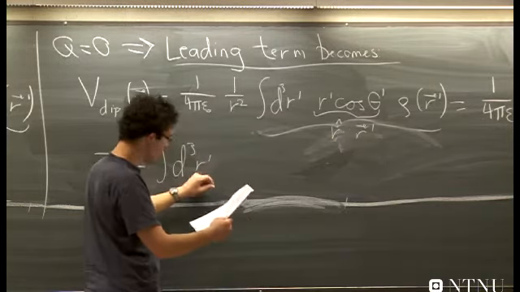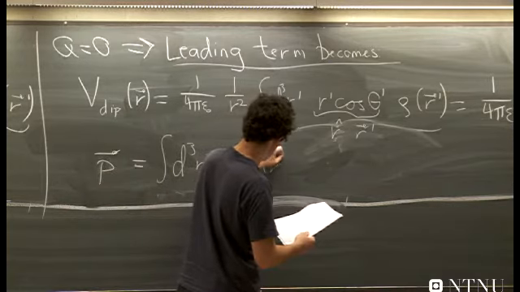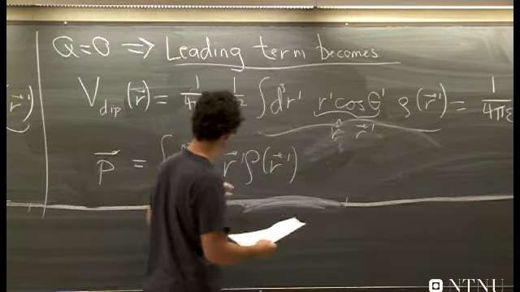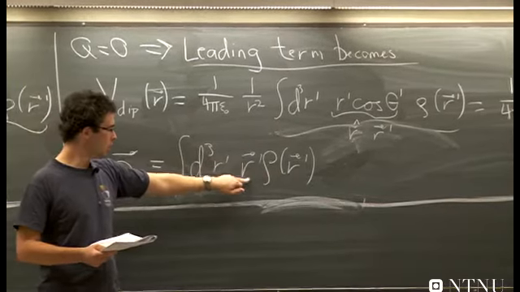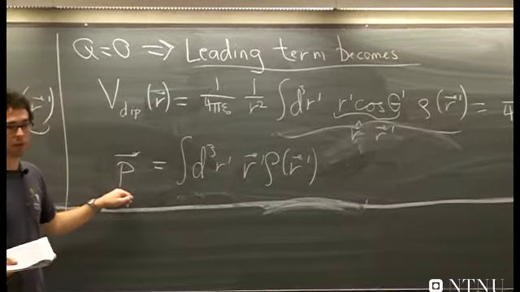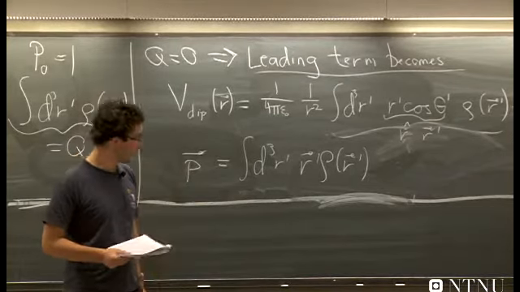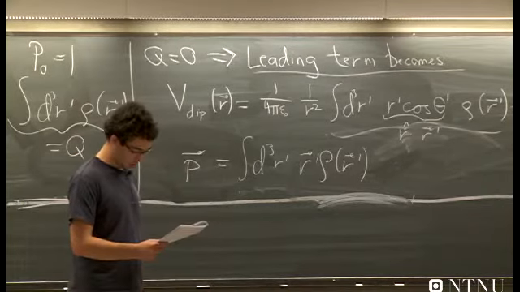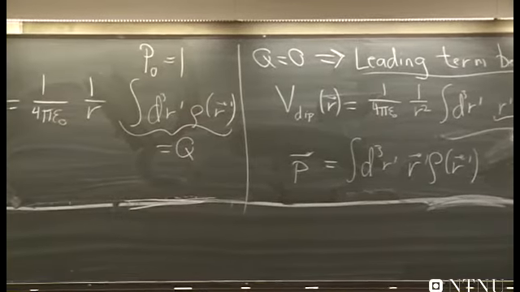So the dipole moment becomes the integral over the charge distribution multiplied by the r prime vector. So the dipole moment is in fact a vector which points, well, let's see. Maybe we could do an example with this integral, so you understand what it is.